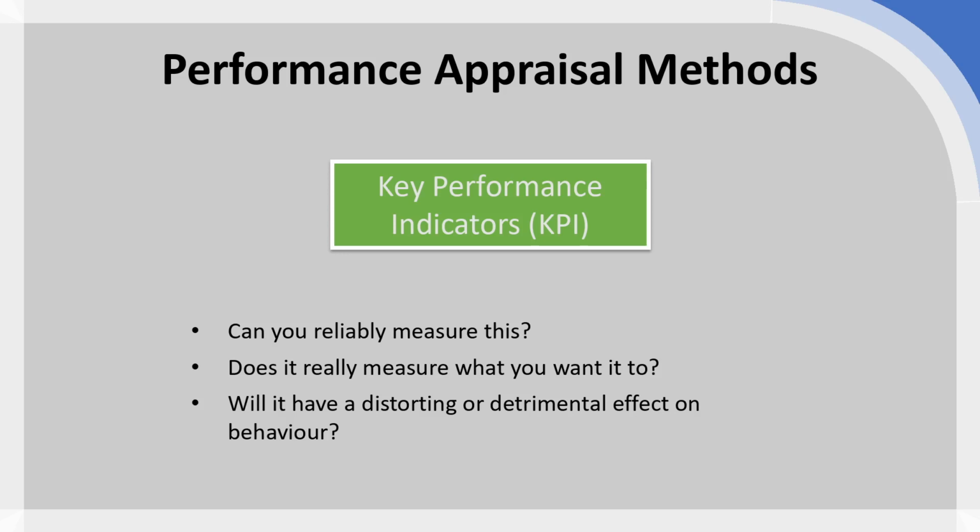So if we take our learning objectives and we say, well, grades are a measure of how well the learning objectives have been met, in fact, that's what the exam boards are fundamentally about. Does it really measure what you want it to? Well, not really. It doesn't really measure learning in a holistic or comprehensive way.